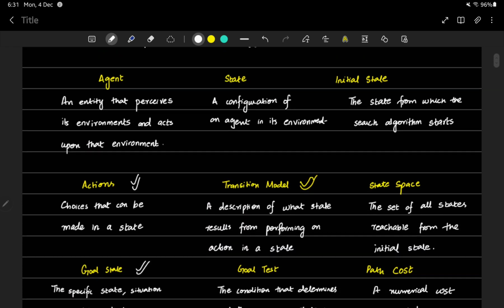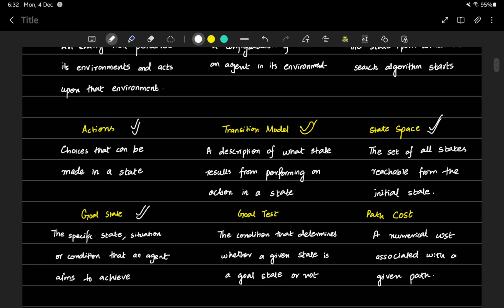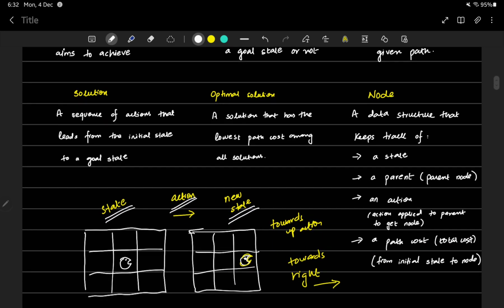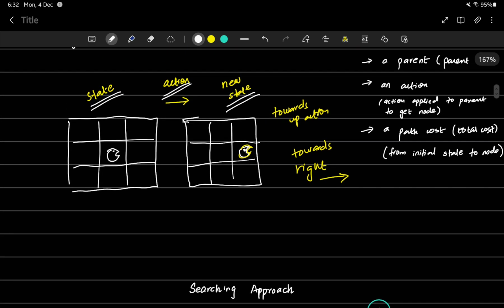That's it. So let's talk about state space now. State space is extremely simple to understand as well. It is just the set of all states reachable from the initial state. That's it. If I give you an example, what would be the state space in this example?